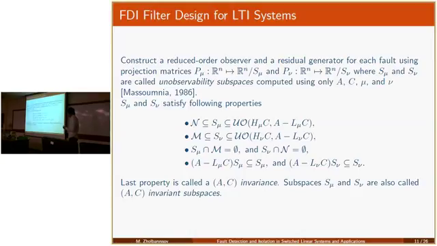And the last property ensures that under closed-loop dynamics, unobservability subspaces stay invariant, which is important for the design of a reduced order observer. This last property in geometric control theory is called AC invariance, and S mu and S nu unobservability subspaces are called AC invariant subspaces.